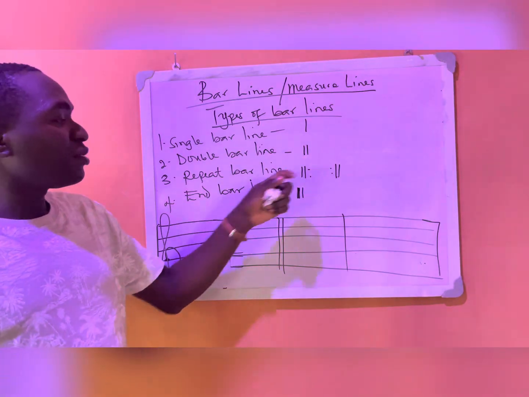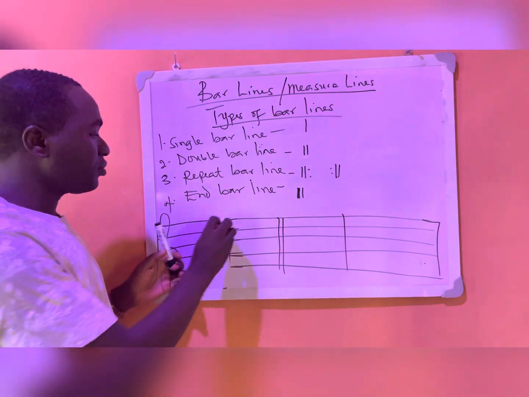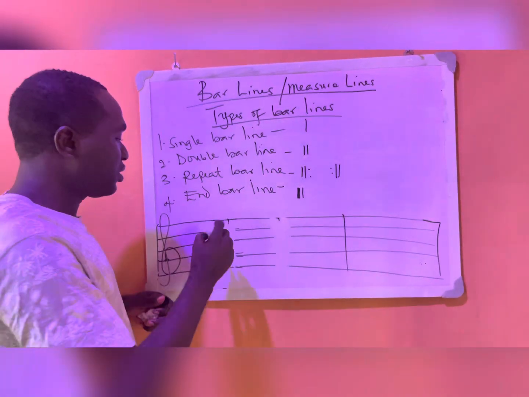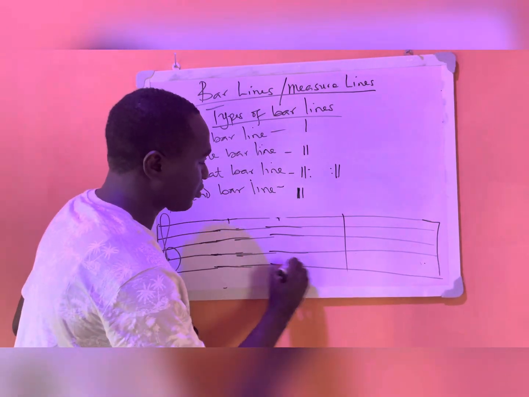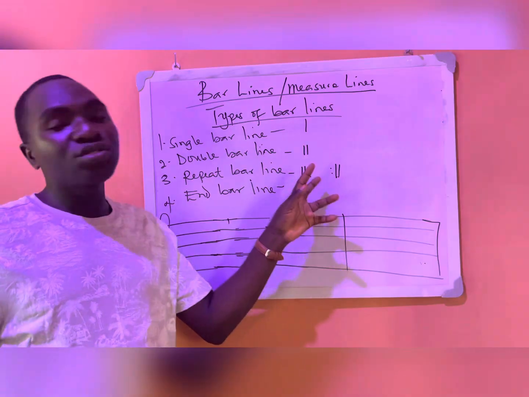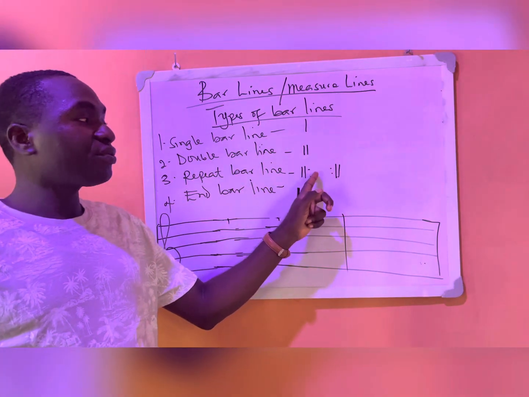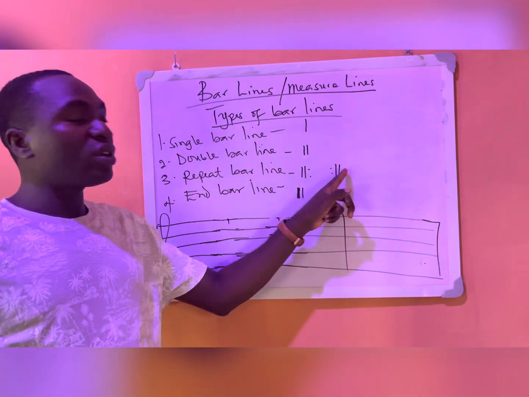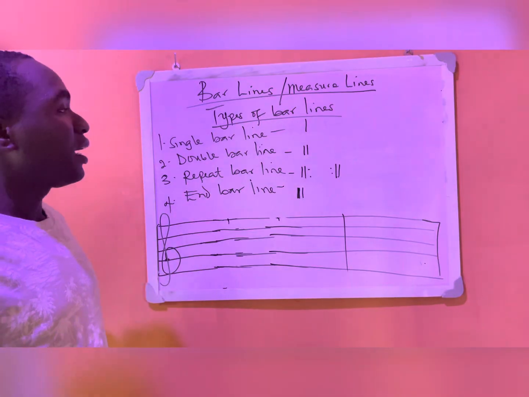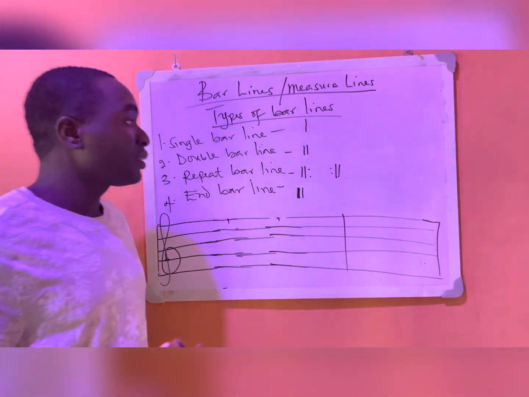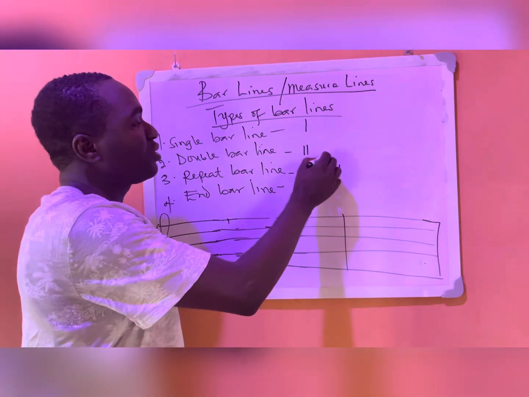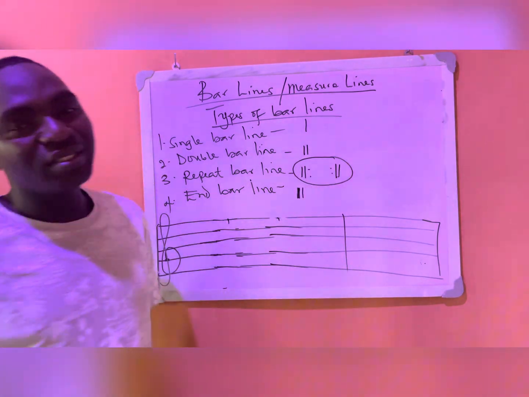Then we have the repeat bar line. Now these are 2 lines with dots each. We have this and we have this. What this is telling us is that, or the implication is that, whatever is between this place must be sung twice.